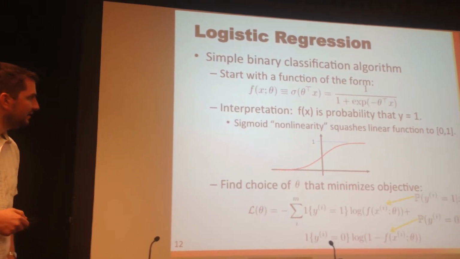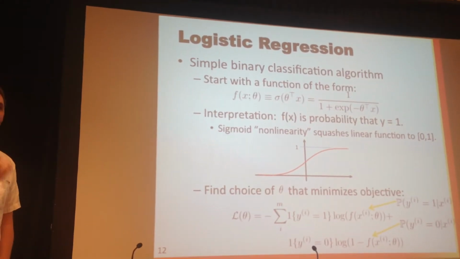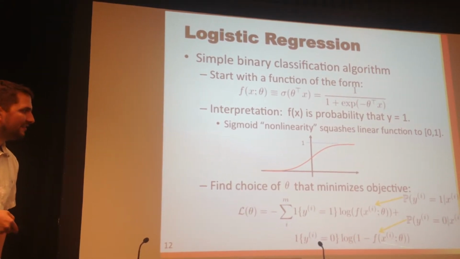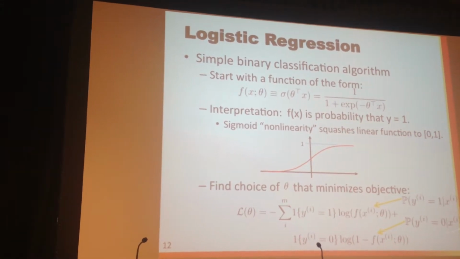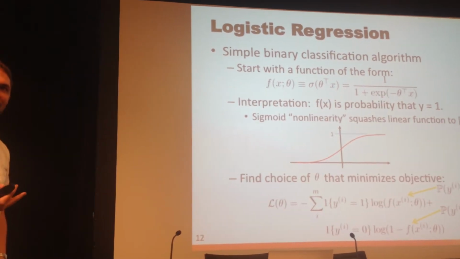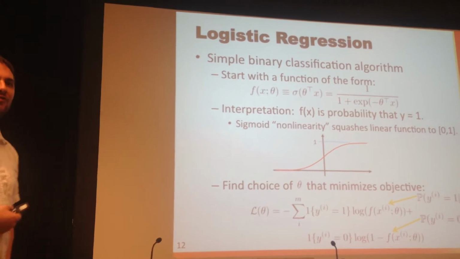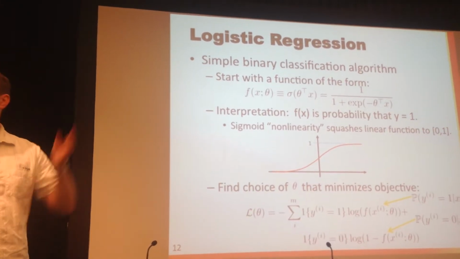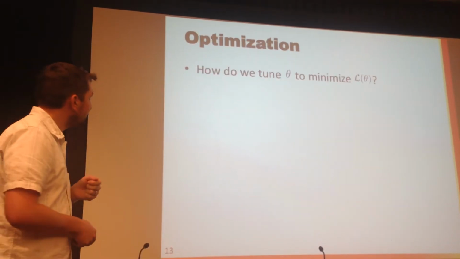In particular, you can think of f of x as being the probability that y is 1, like the probability that a particular image is a cat. And 1 minus f of x is like the probability that y is 0, the probability that this is not a cat. And then this thing wrapped around it, which we call a loss function or an objective function, tells me how good this particular choice of f of x is at making predictions on my training data. So does everybody kind of follow? Some nods? Yes? Okay. Good.